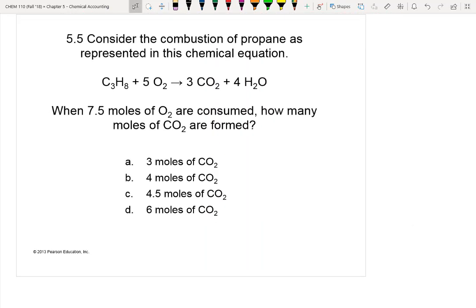There we go. So consider the combustion of propane as represented in this chemical equation. When 7.5 moles of oxygen are consumed, how many moles of CO2 are formed?